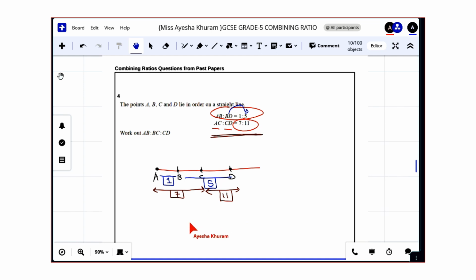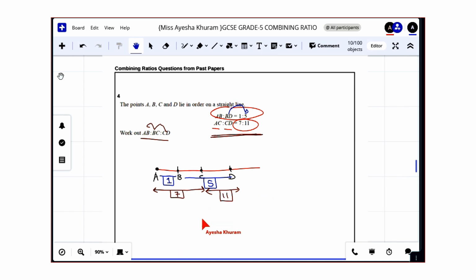All right, so this is basically done. Now we have to combine the ratios, because we need AB, BC, and CD. Let me tell you the trick.